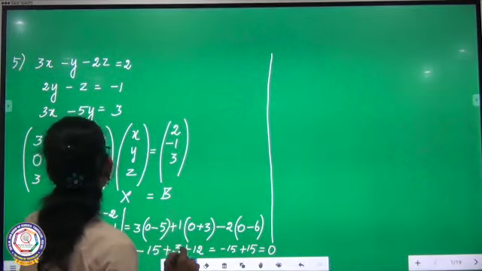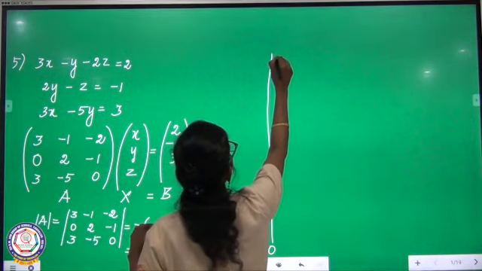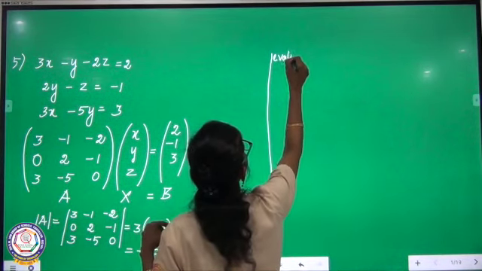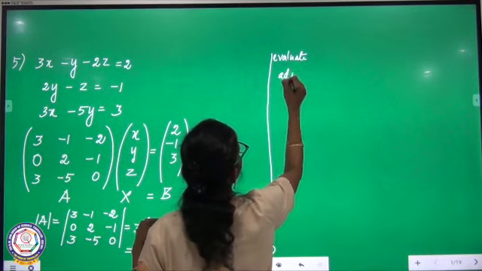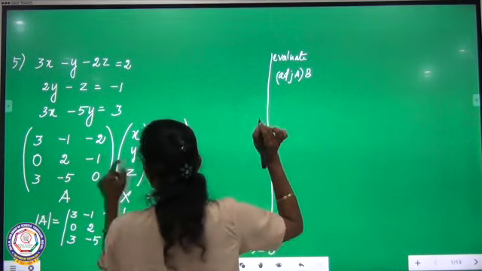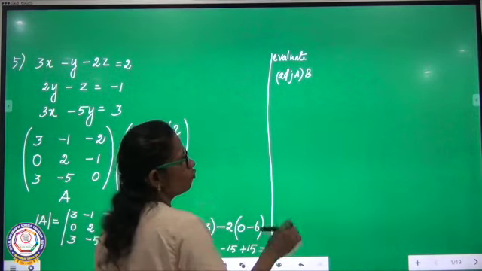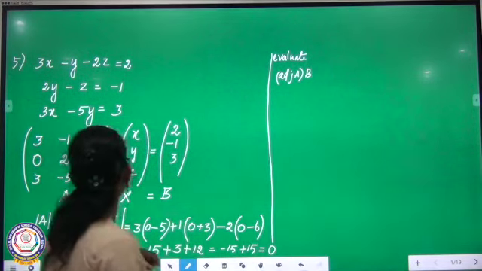A is 3, -1, -2. Evaluate adjoint of A into B. For that you want to find the cofactor. The cofactor I am going to write on the right side.